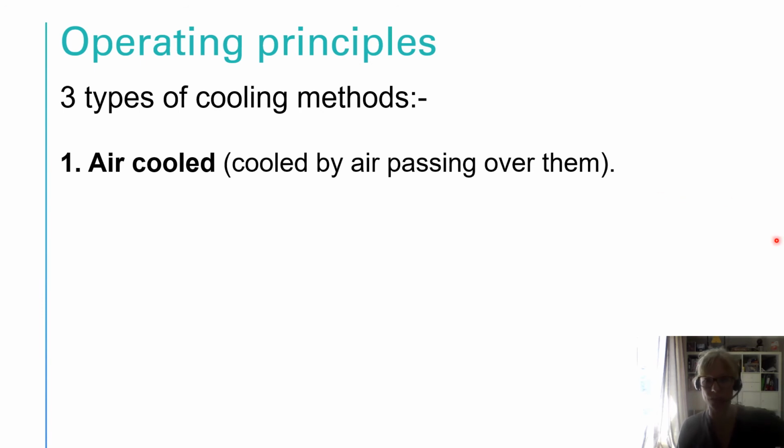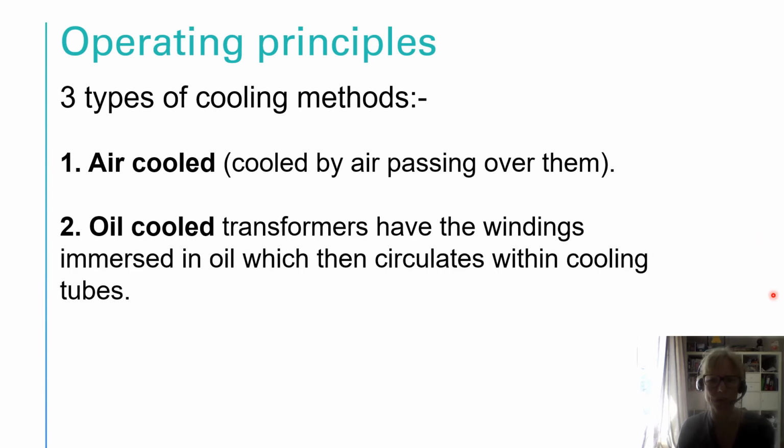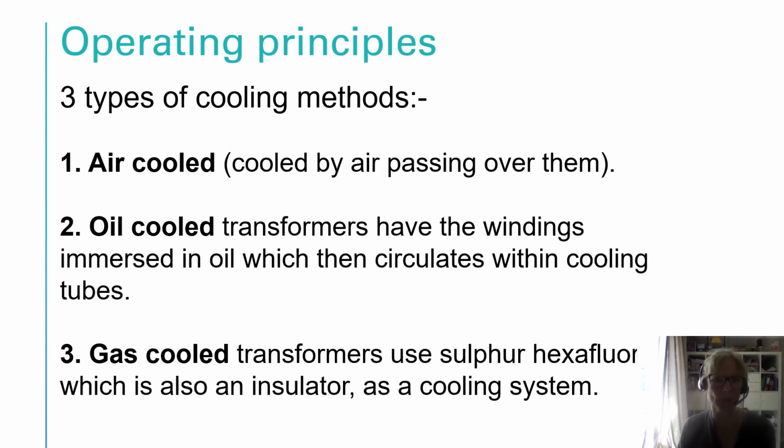They're stuck on the edge of outside, so the air passes over them. But for a more efficient cooling method, you would use oil, and they have the windings immersed in the oil. So the actual transformer itself sits in a box, which has oil poured into it, and it's got cooling tubes on the outside, so that oil is continually circling, cooling down that transformer. And in a similar way, gas can also be used as a cooling system.